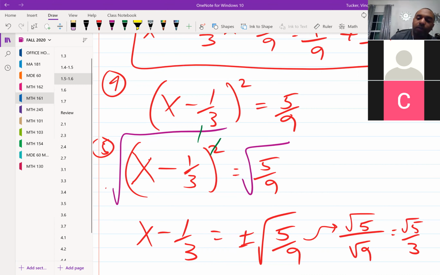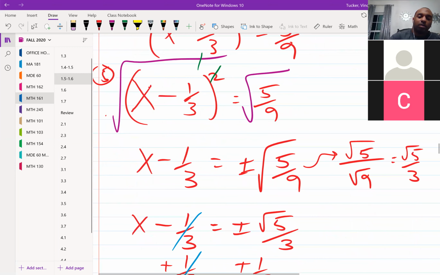Then if you look over here, take the square root of the top and bottom, square root of 5, you would just leave that as is, and then the square root of 9 is 3. So that's x minus 1/3 equal to plus or minus square root of 5 over 3.